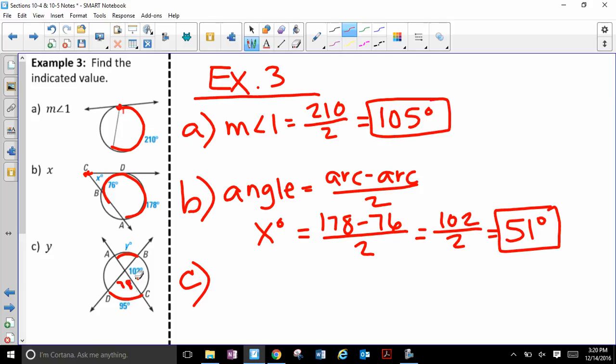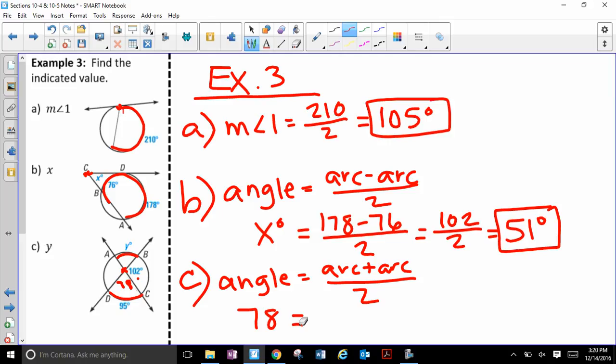Now the vertex that goes with this angle, even though the arc is y, the vertex is inside the circle. So then I know I'm using this formula. Angle equals arc plus arc divided by 2. So if I plug in what I know, the angle measure is 78 degrees.